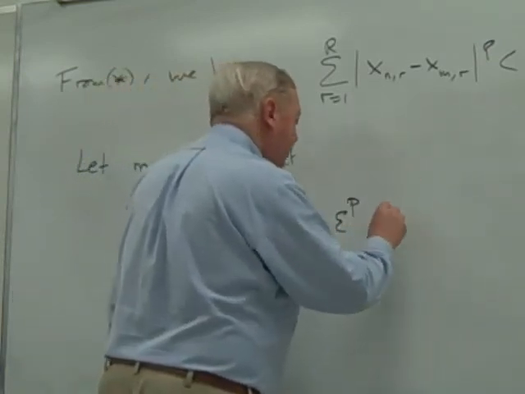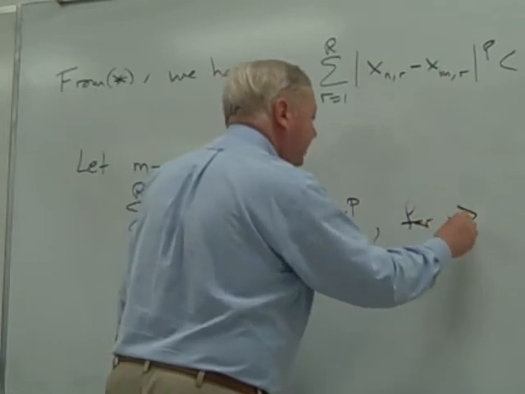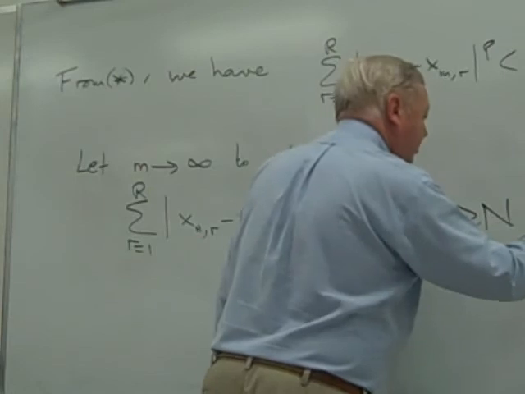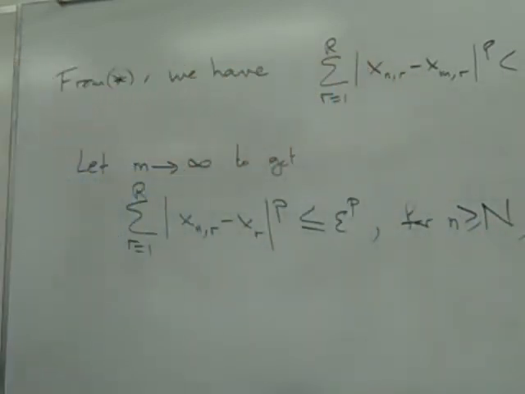Well, we've lost m. So this is for little n greater than or equal to capital N and any value of r greater than or equal to 1.